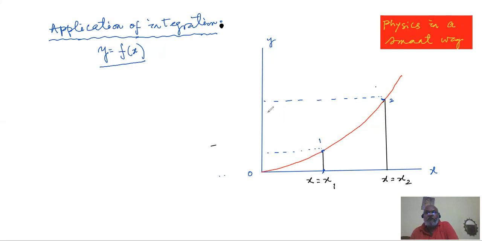Or maybe we try to find the area that stretches from the curve to the y-axis. Okay, we should not go to both the areas simultaneously. That may be confusing. Initially, we are confined to finding out this area, the area that extends between the portion of the curve from point 1 to point 2 and the x-axis.